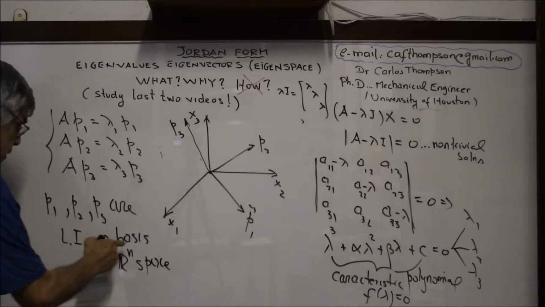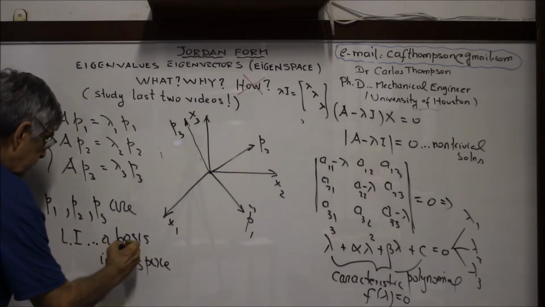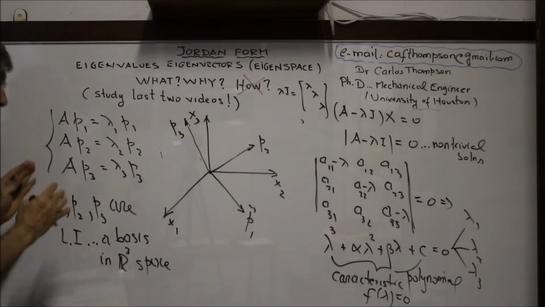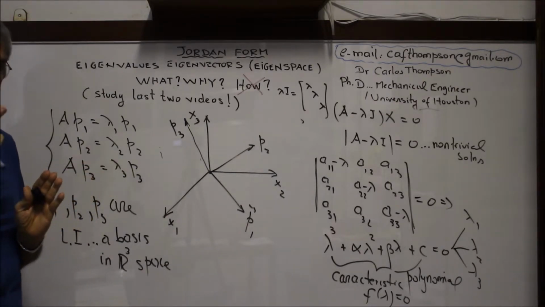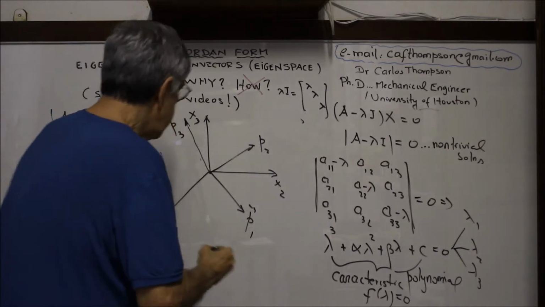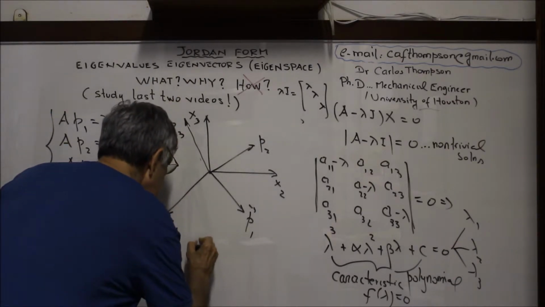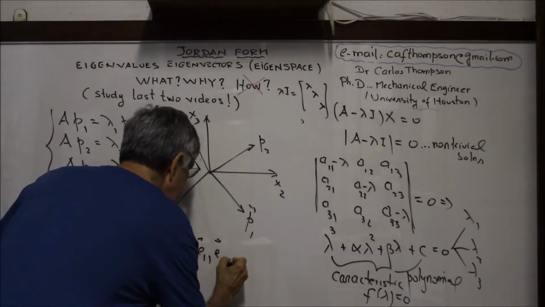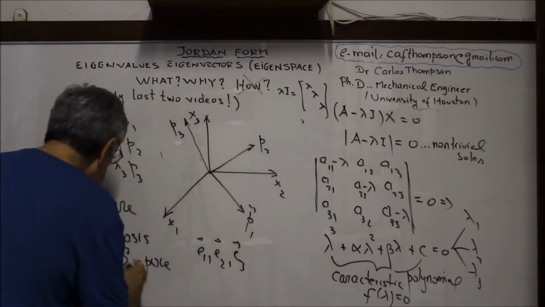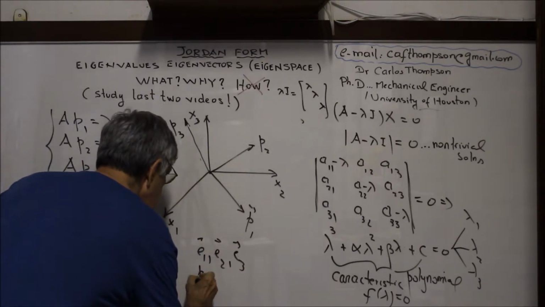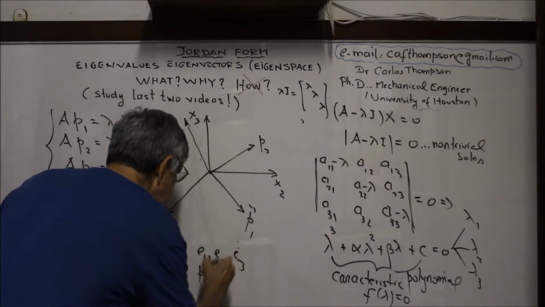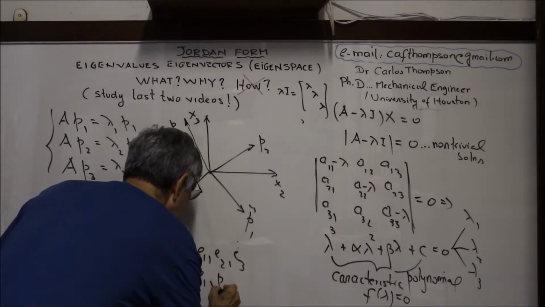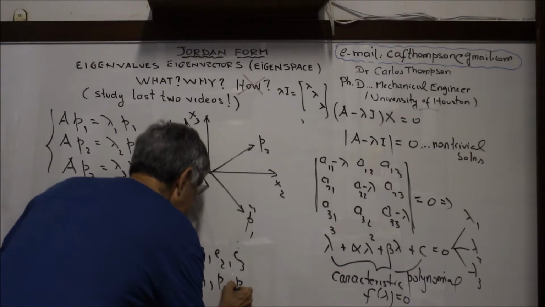In this case it is R3 space. Then I have here two bases. One is E1, E2, and E3. The other basis is P1, P2, and P3. I don't put the arrow.